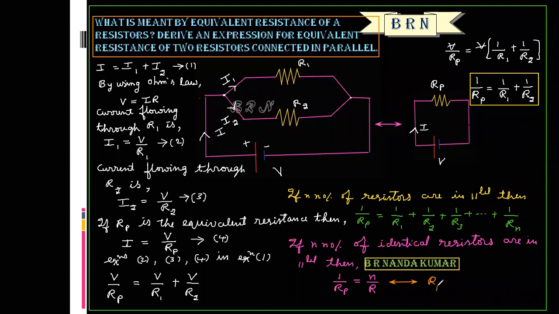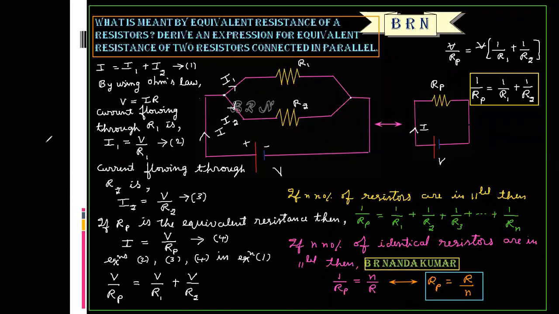RP is equal to R divided by n. This formula is very important. RP is equal to R divided by n.